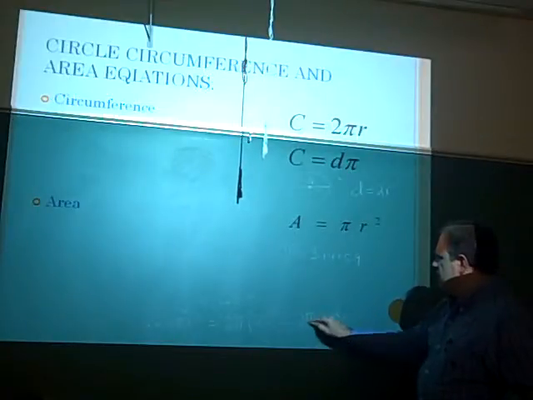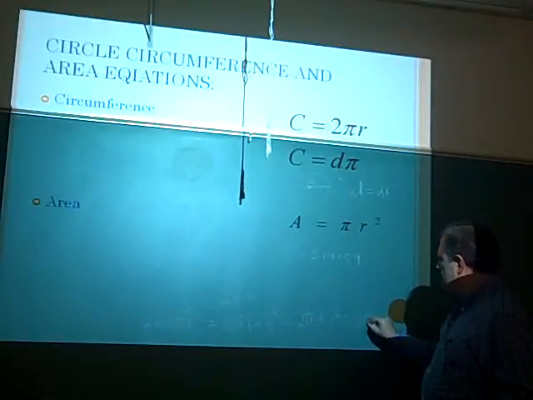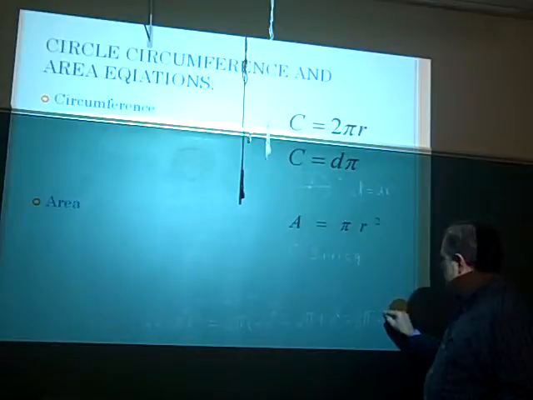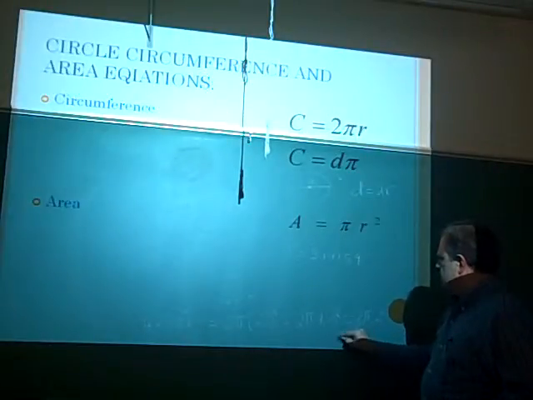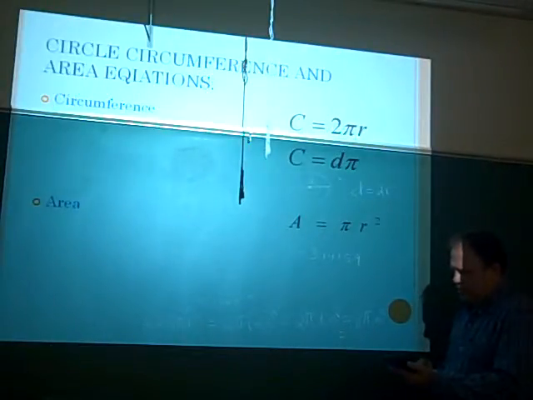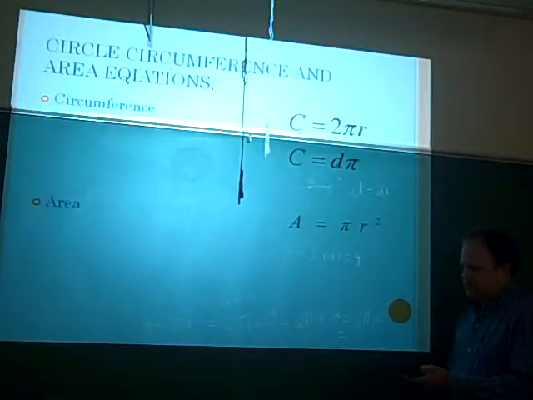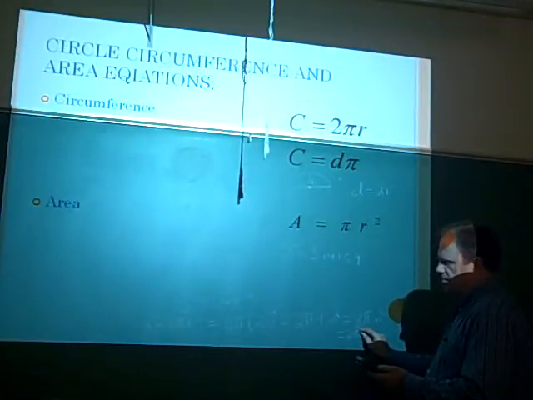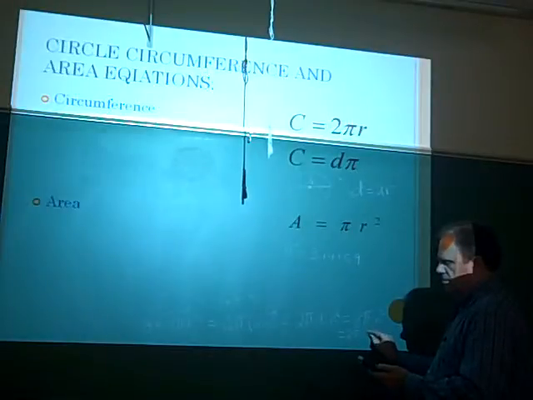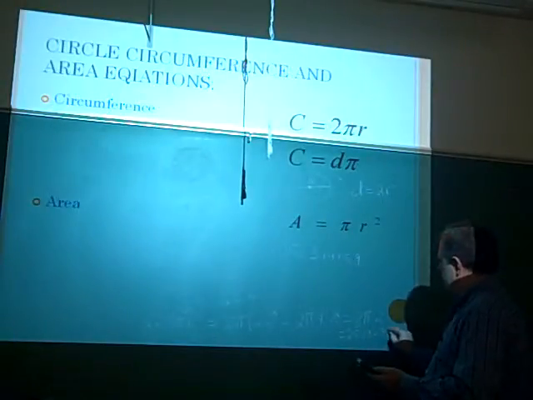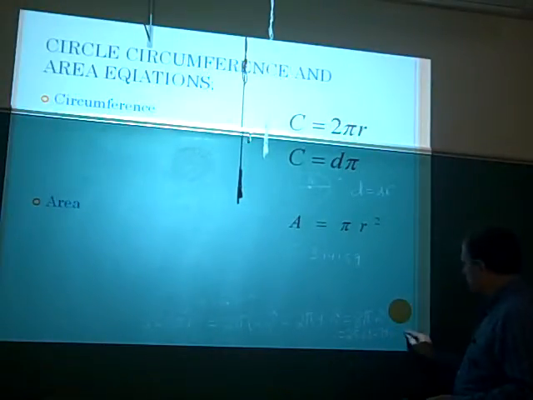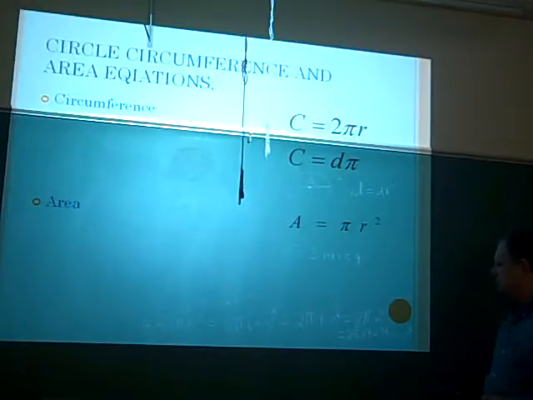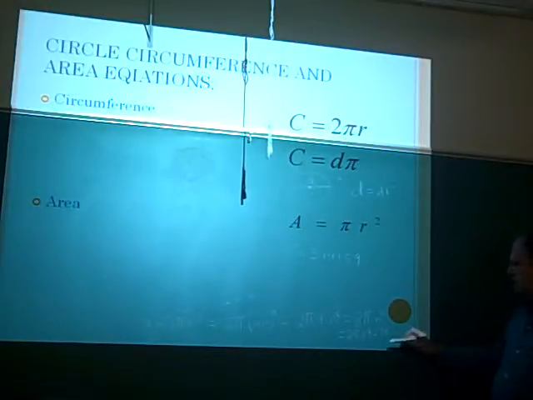So we get 4 pi inches squared. And so we put in 4 times pi. Does anybody try that out? Okay, you get 12.56637, and it goes on.